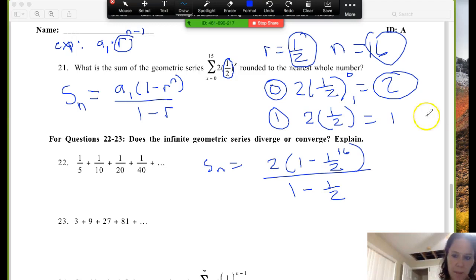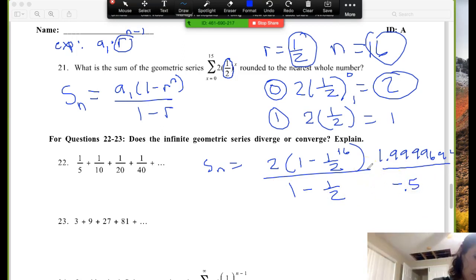And on the top, I'm going to get this crazy number, 1.9999. How many 9s do I have? 1, 2, 3, 4, and then 69482. I'm running out of room, but we're going to round anyways. And then 1 minus 1/2 gives you negative 0.5.